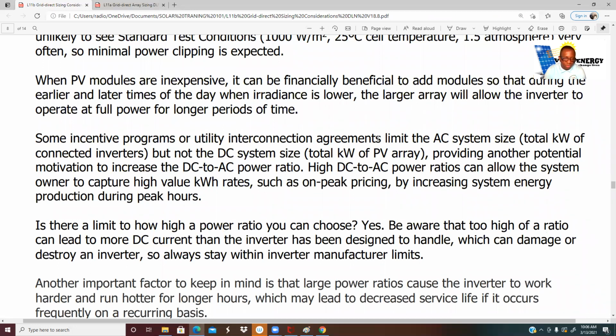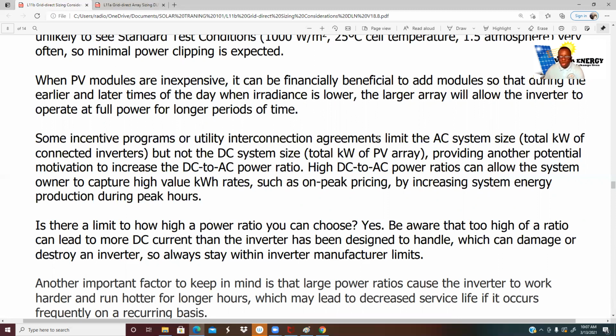Some incentive programs or utility interconnection agreements limit the AC system size, the total kilowatts of connected inverter, but not the DC system size, the total kilowatts of PV array, providing another potential motivation to increase the DC to AC power ratio.